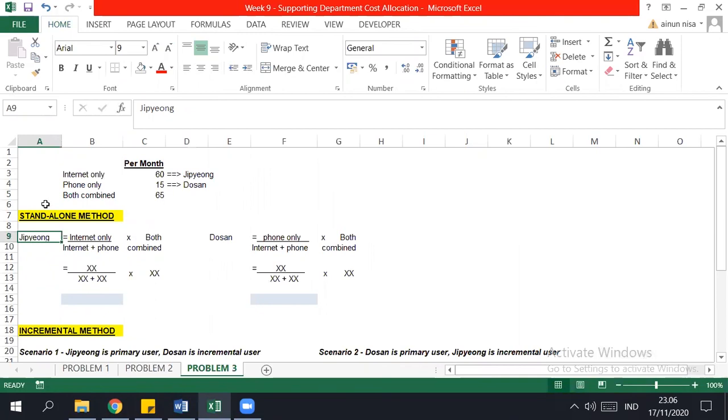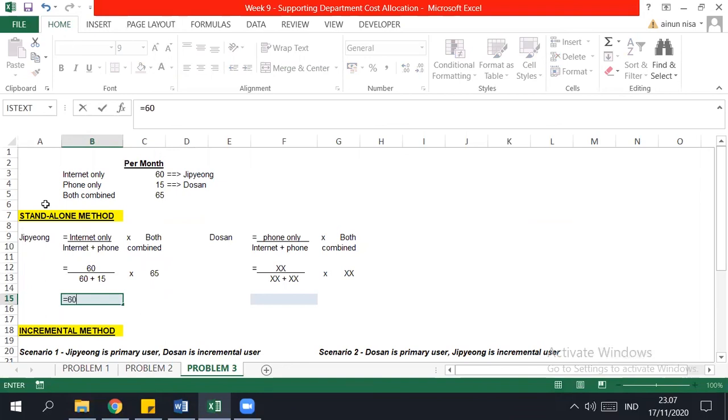So for Jipyong, because he likes to use internet, first we have to input the standalone price of internet, which is 60, and then divide it by the total standalone price of internet and phone, which is 60 plus 15, and then multiply it by the cost of the combination of both services, or in other words, the cost of the package, which is 65.